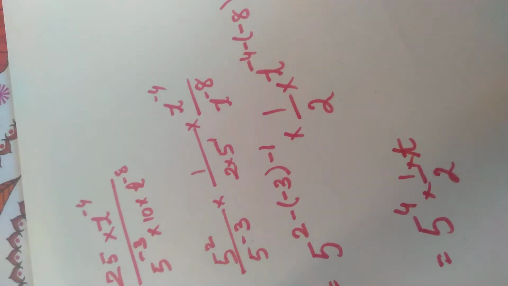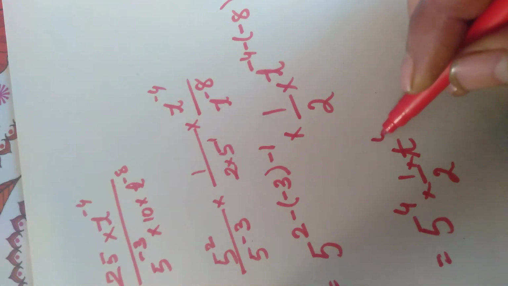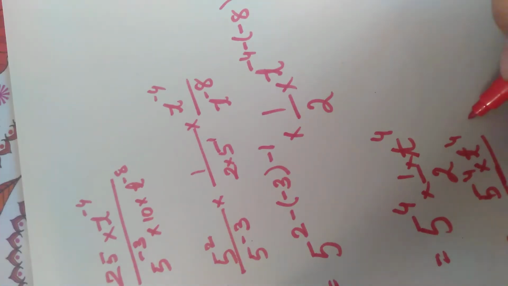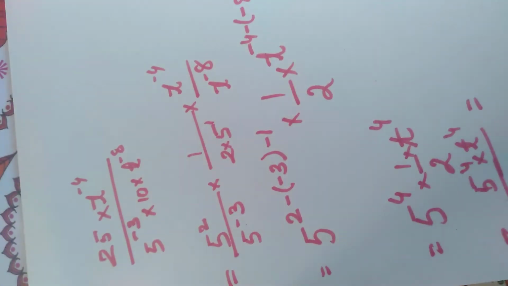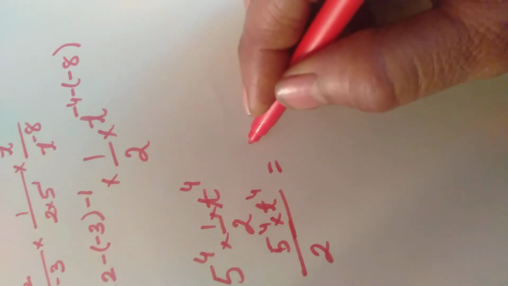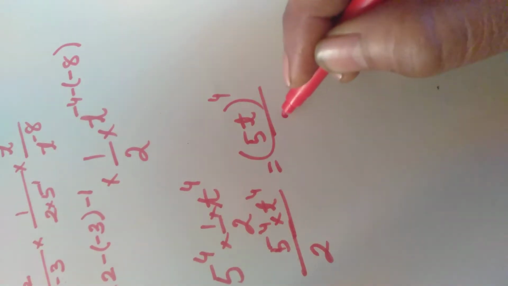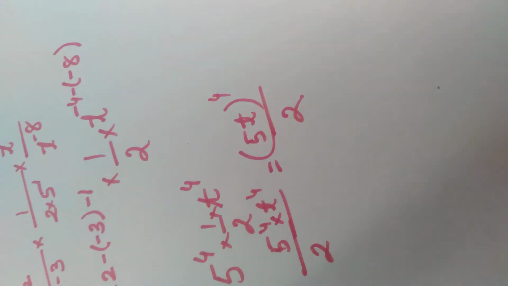Minus 4 plus 8, that is 4. Now here you can write this 5 to the power 4 into t to the power 4, and together they can be written in one power as 5t whole to the power 4 upon 2. So this is the solution.